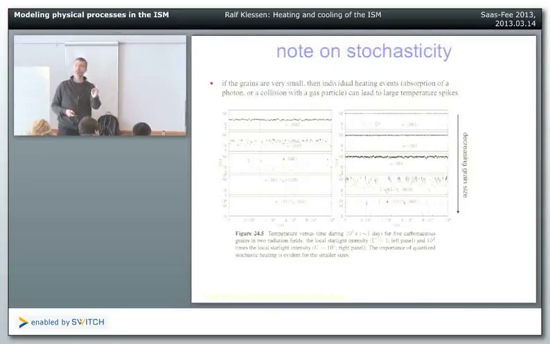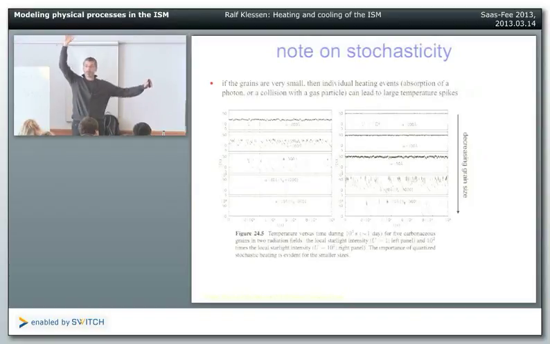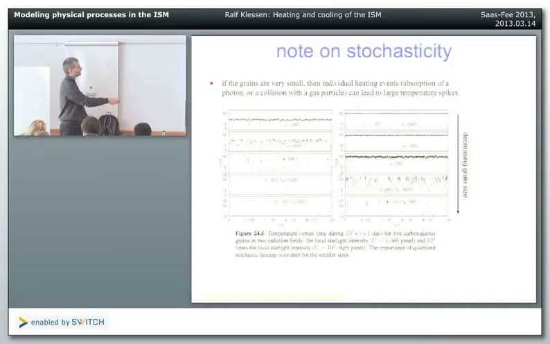However, if you go to smaller and smaller grain sizes, the thermal inertia becomes smaller and smaller. So once they're hit by a photon, they suddenly change their temperature and their thermal energy content enormously. So you get into a regime where the heating is stochastic, right?